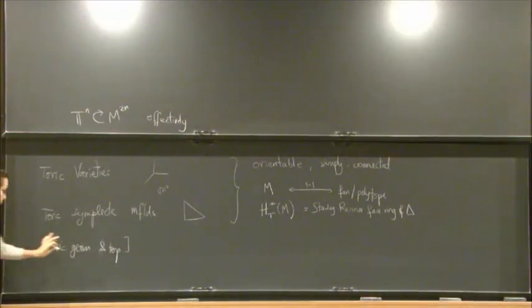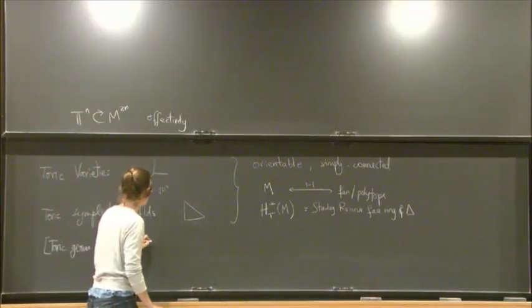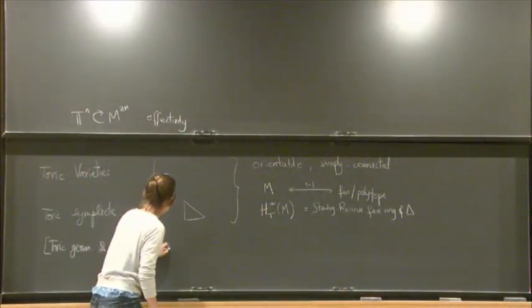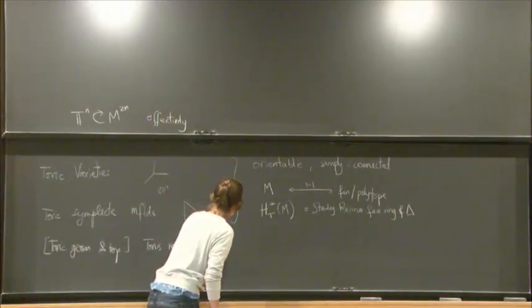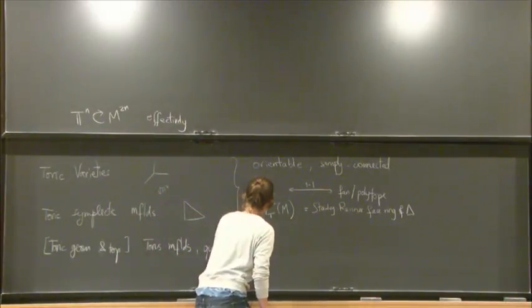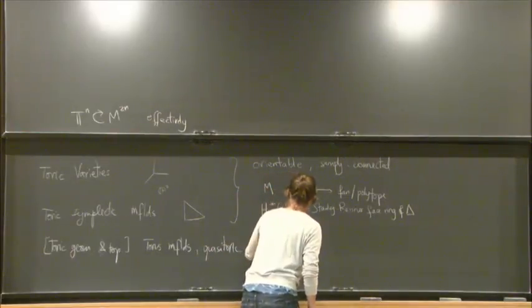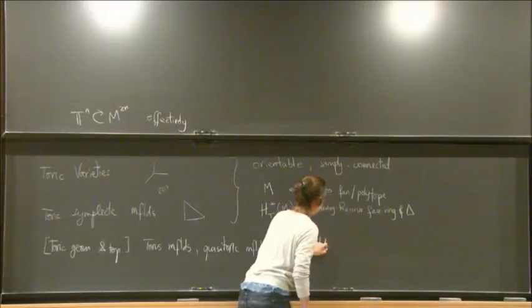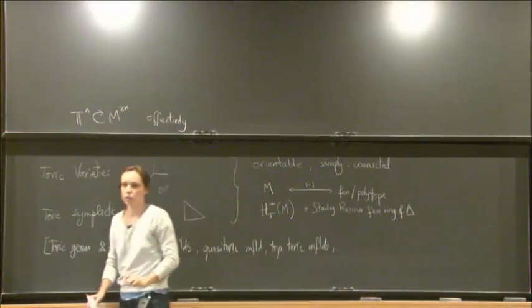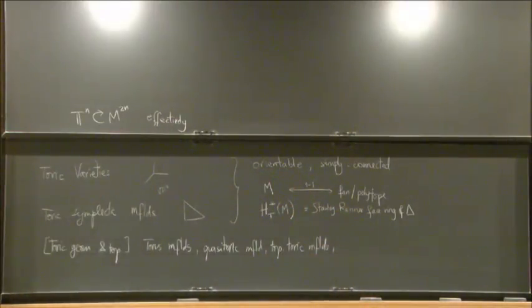That was the goal of these definitions. So there's a bunch of different ones. There's torus manifolds. There's quasi-toric manifolds. I think there's also topological toric manifolds. There's possibly more. These are the ones that I know of.